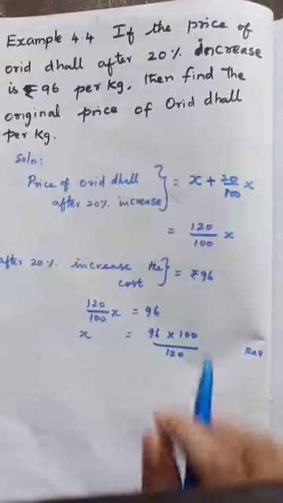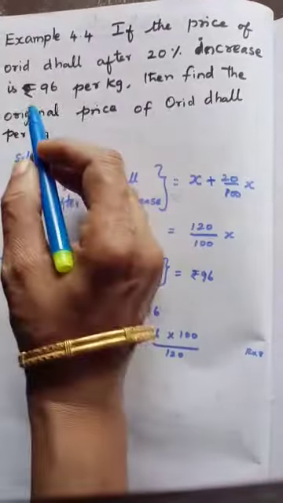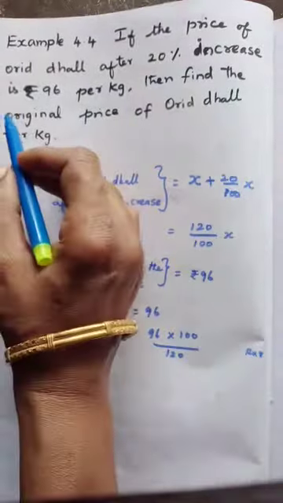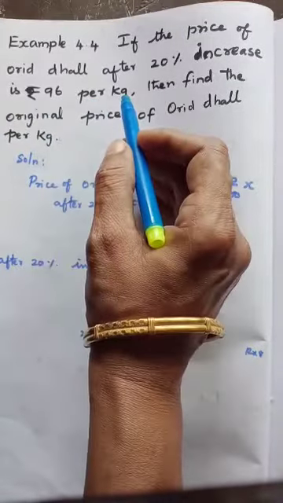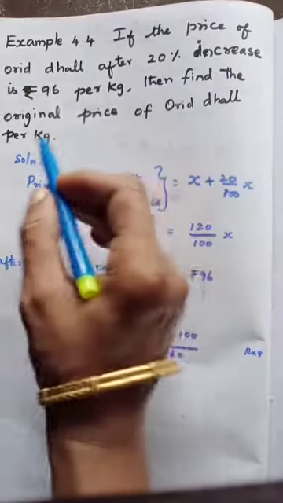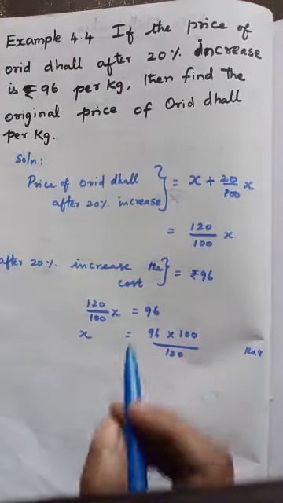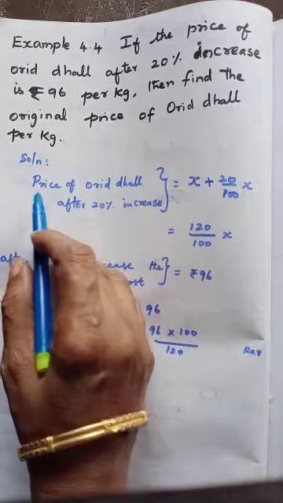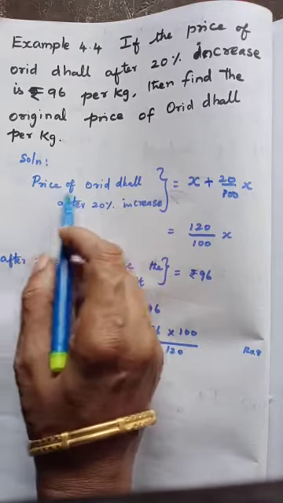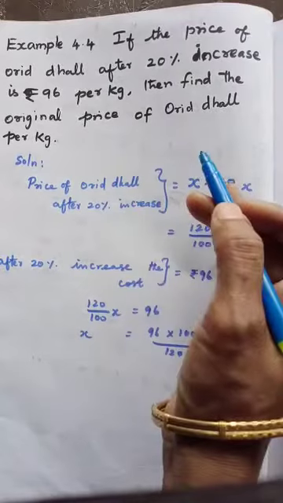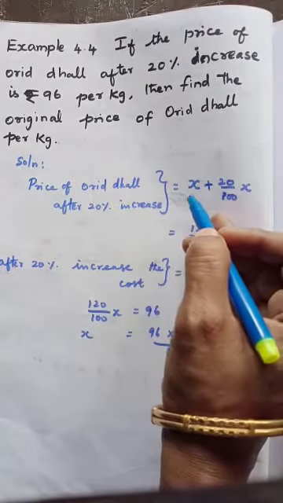Example 4.4. If the price of Orid dal after a 20% increase is rupees 96 per kg, then find the original price of Orid dal per kg. Okay. First, solution: price of Orid dal, we don't know, so we can take that as x.